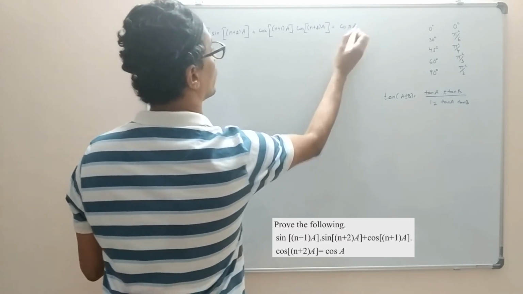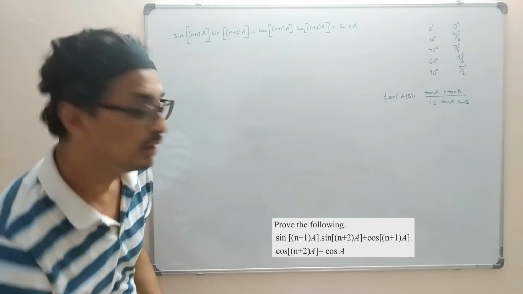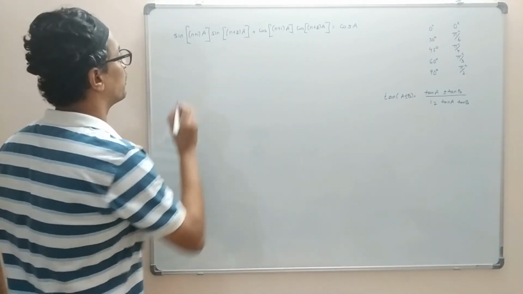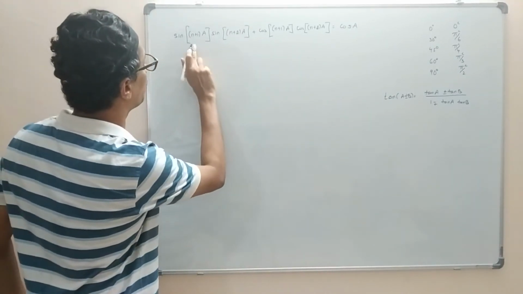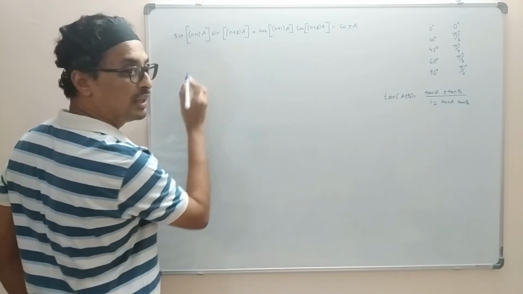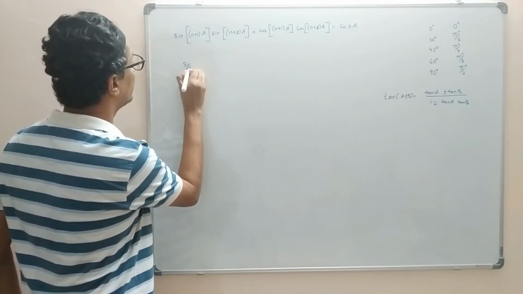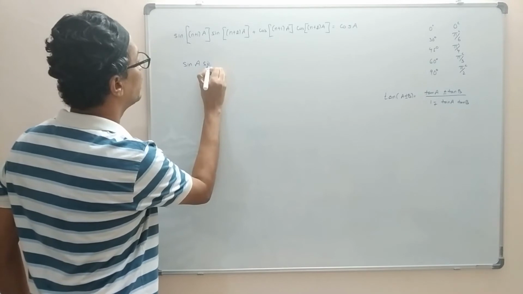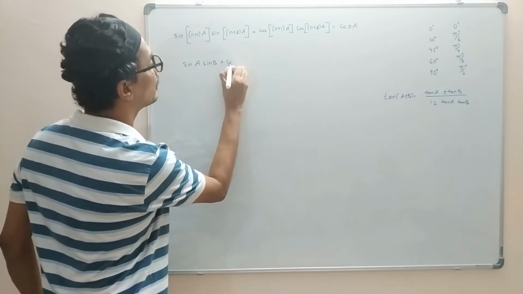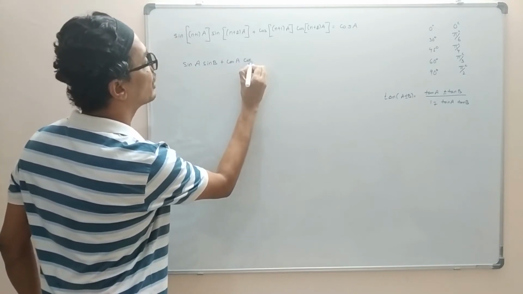You can just put it like sin A sin B plus cos A cos B. We have the formula, right? If I replace the whole terms as a and b, it looks like sin a sin b plus cos a cos b.